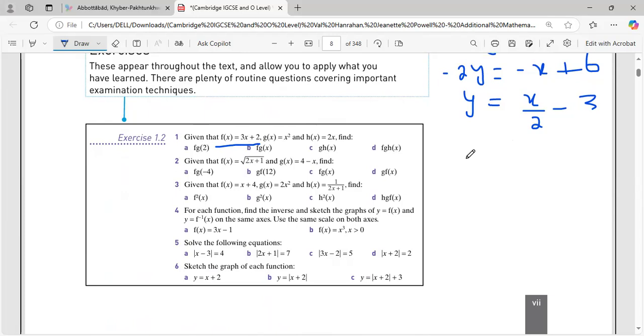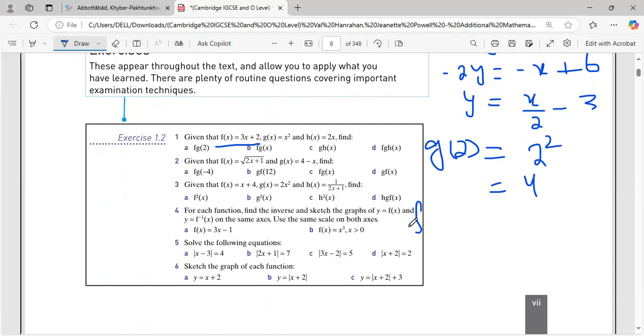In order to find f of g of 2, first of all we find g of 2. So g of 2 is equal to, we simply put 2 in place of x, 2 squared. So g of 2 is equal to 4. Now we have to find f of g of 2.